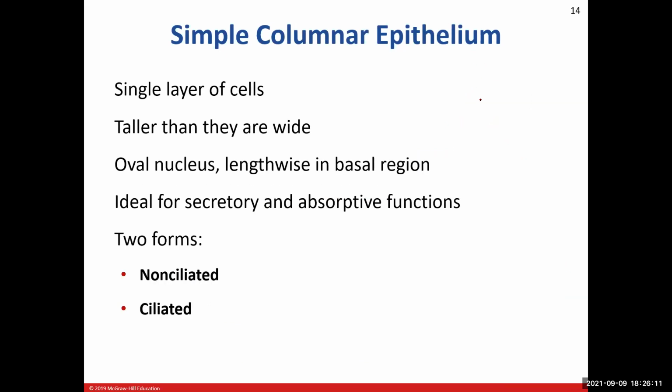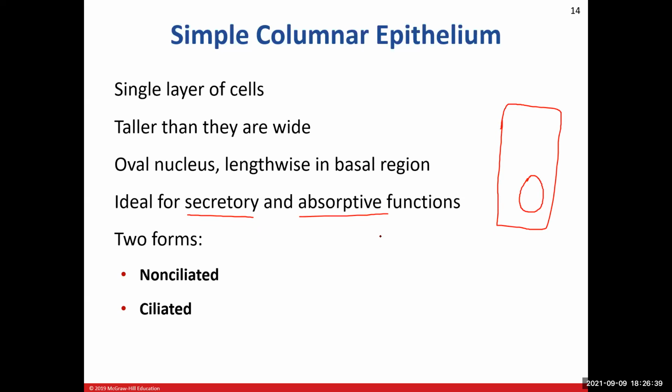The last type, or I should say one of the last types, of simple epithelium is the columnar epithelium. Again, here's the shape of the cell, nice and tall, and the nucleus will be at the bottom. Again, we're going to see that this type of epithelium is great for secretion and absorption, similar to how our simple cuboidal epithelium was.